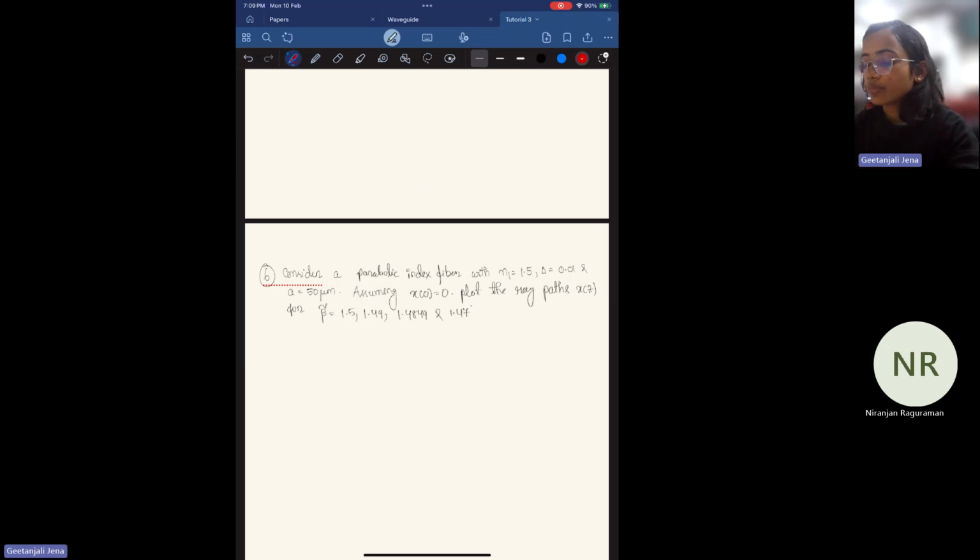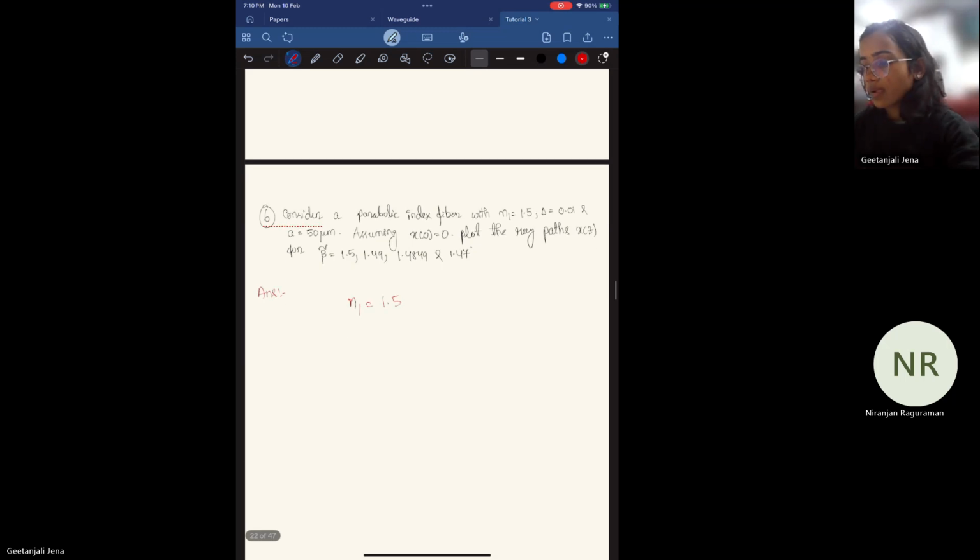The question is also based on the same parabolic index medium. So it is N1 1.5, delta 0.01, and A is 50 micrometer.